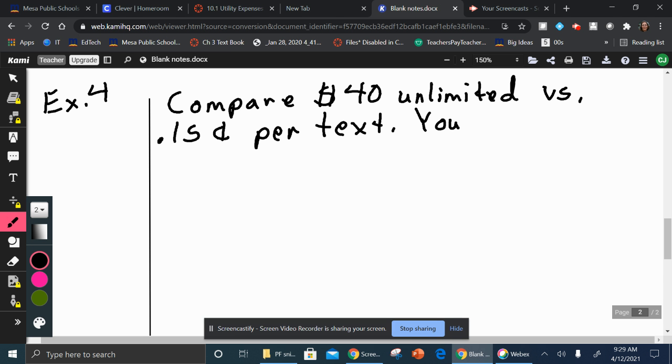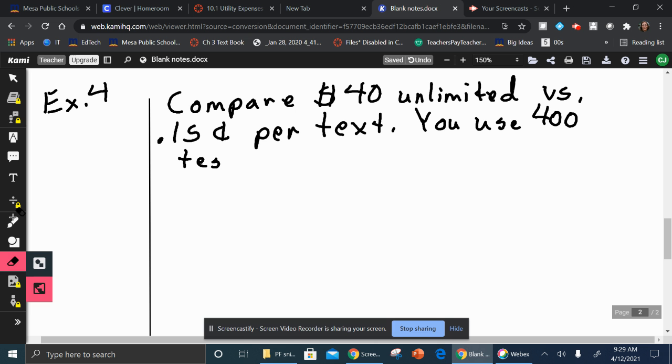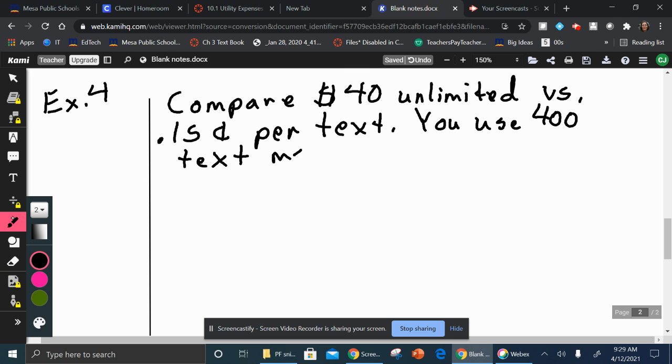For unlimited text messages versus 15 cents per text. And you use 400 text messages. Which is a better choice?